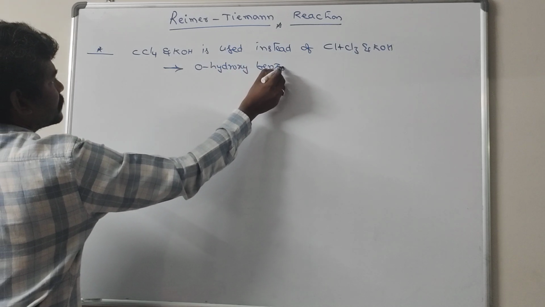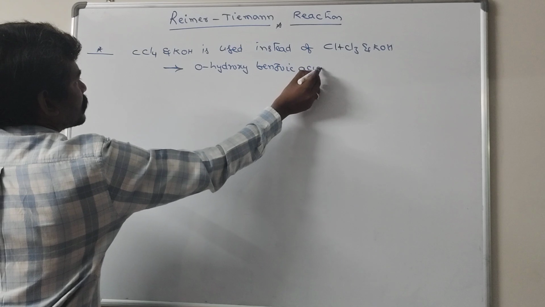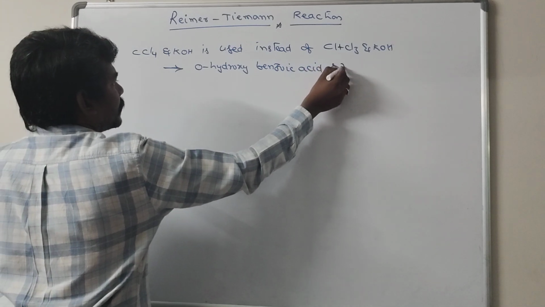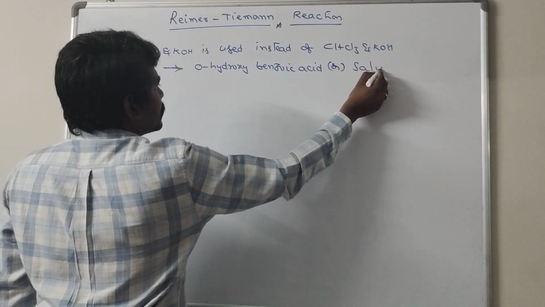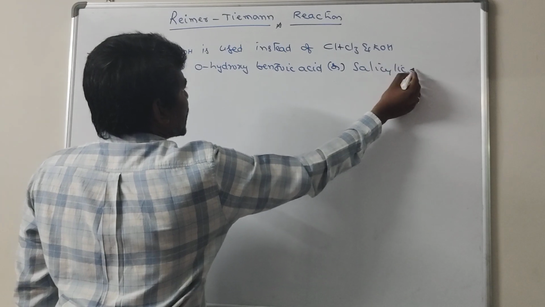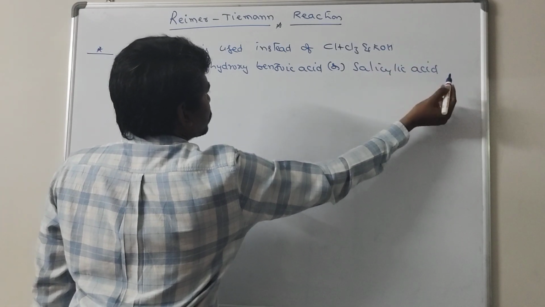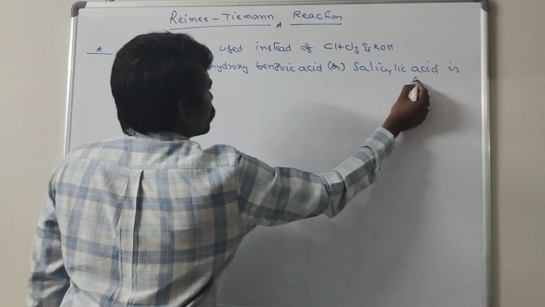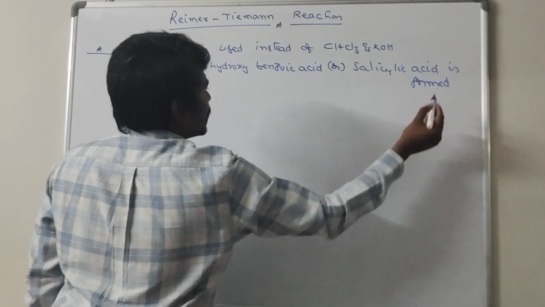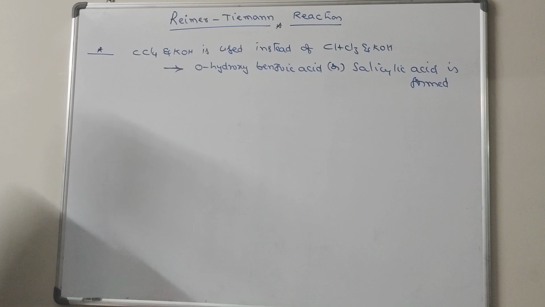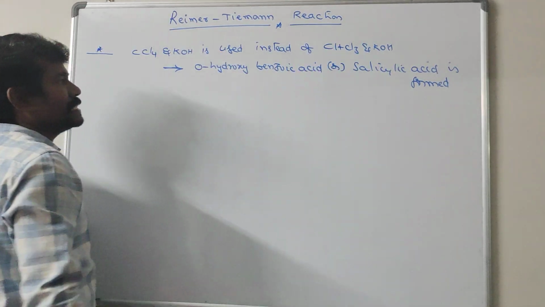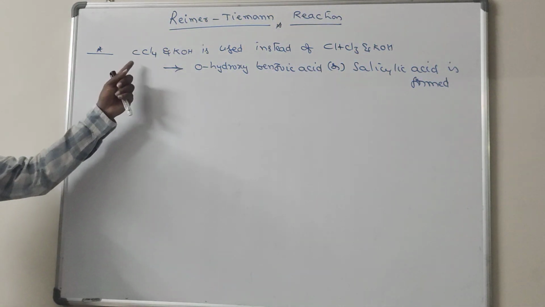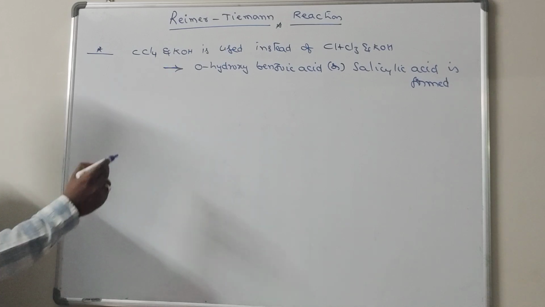Orthohydroxybenzoic acid or salicylic acid is formed. With CHCl3 and KOH, salicylaldehyde. With CCl4 and KOH, salicylic acid is formed.